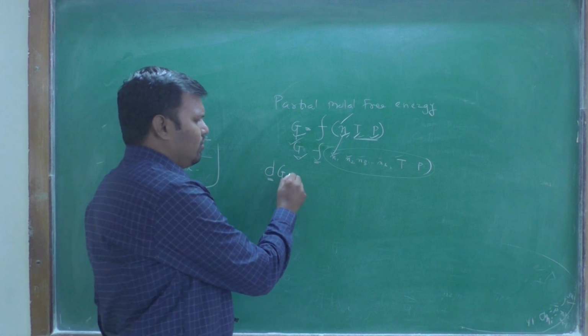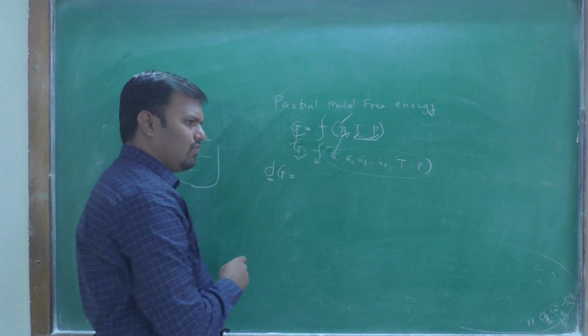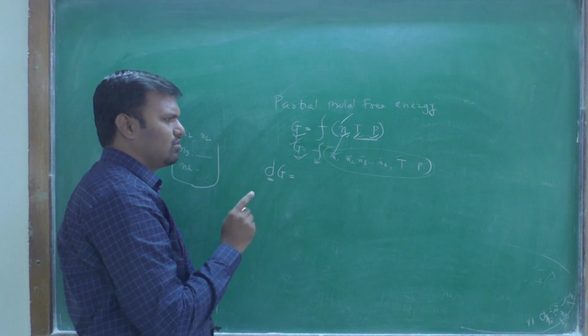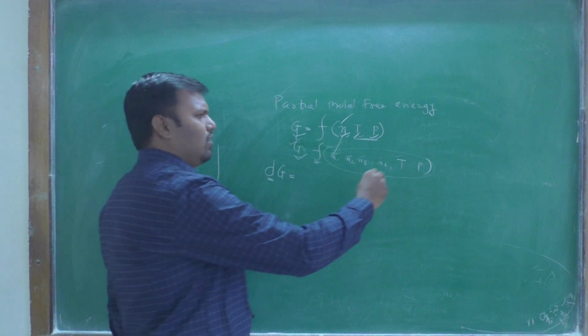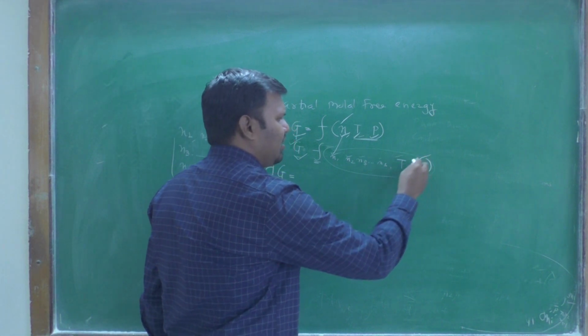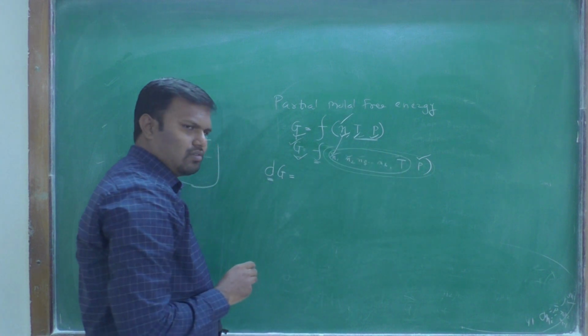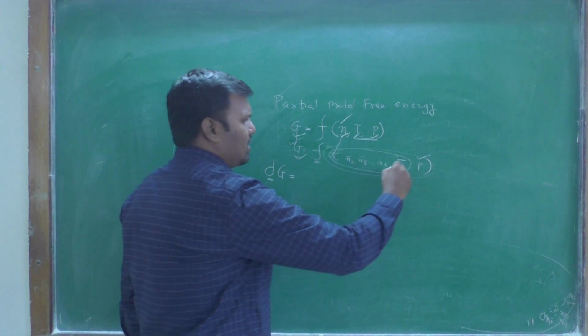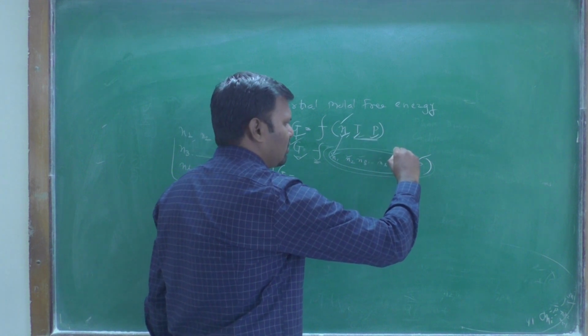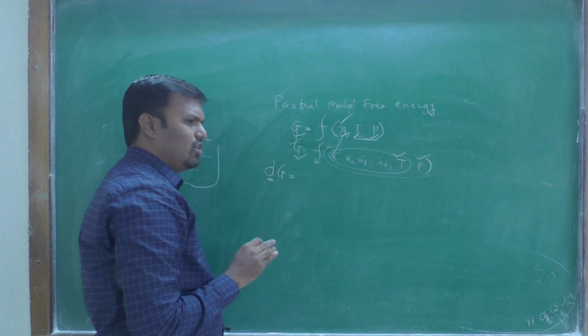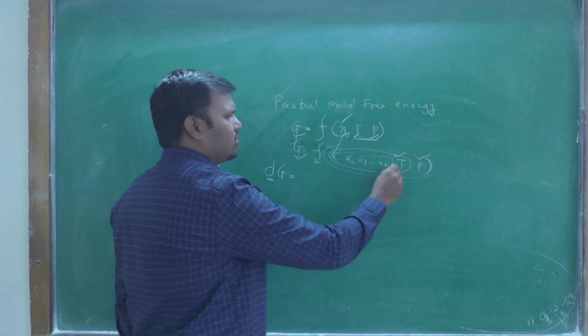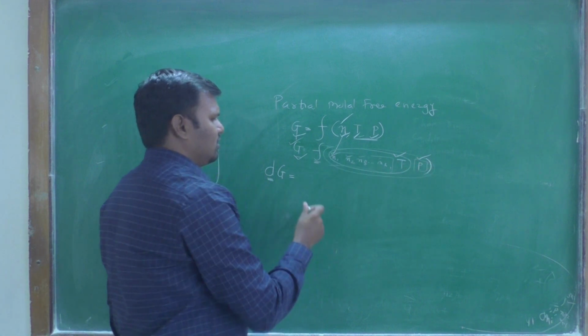Now, to find this free energy, we have to change one of the variables and keep all other variables constant. Suppose we take the first variable, temperature. We change the temperature and keep all other variables constant.